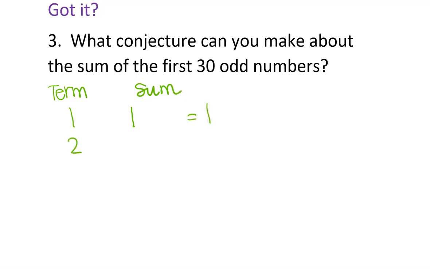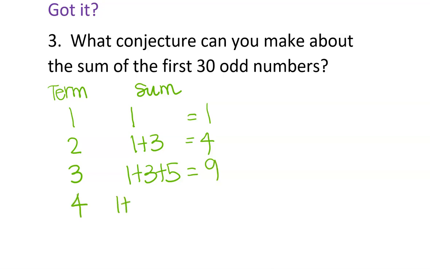Okay, so second term would be a 1 plus a 3, and we get 4. The third term would be a 1 plus a 3 plus a 5, which would be 9, and we could keep going. The fourth term would be 1 plus 3 plus 5 plus 7, and then we'll see if we can find a pattern. 4 plus 5 is 9, 9 plus 7 is 16.